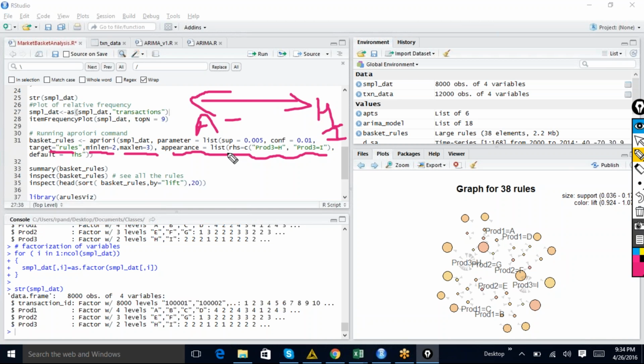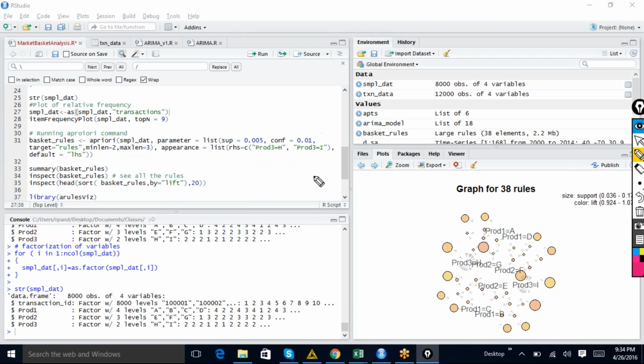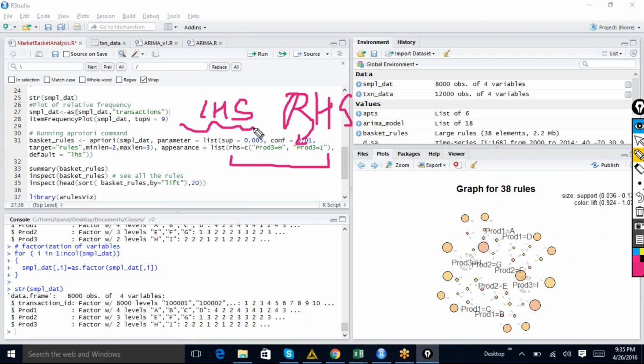So here I'm specifying, no, let's not do that. Your right hand side will always be some combination of H and I. So your left hand side can have any product that you're looking at, but your right hand side will always be H and I. So I'm saying, you tell me if left hand side has happened, what is the probability that the right hand side will be happening, which is H and I will be bought, right?